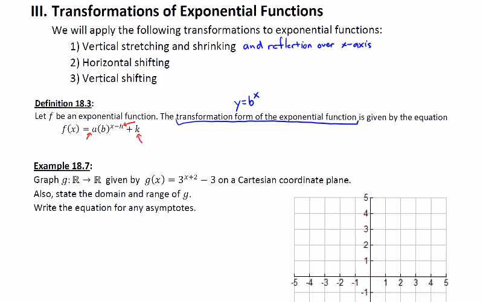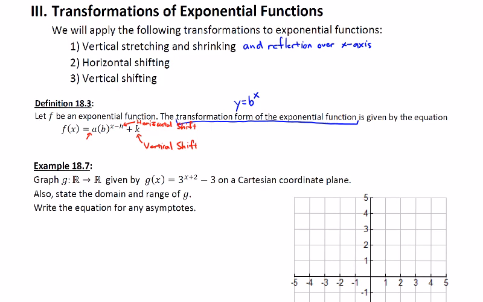Now the h, it says x minus h. That would be the same as what we saw with other functions as representative of the horizontal shift. The plus k would be the same thing that we saw in other functions for the vertical shift. So there's nothing new to learn here in terms of transformations. We just have to understand where they get applied with this function.